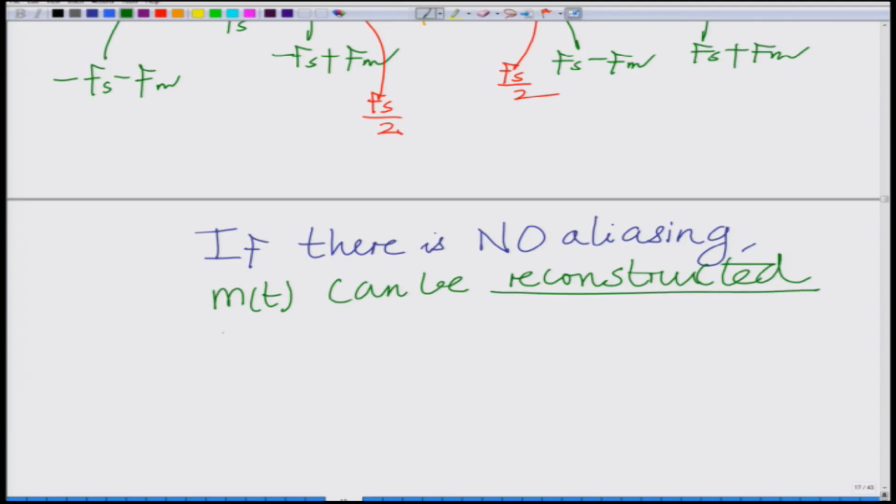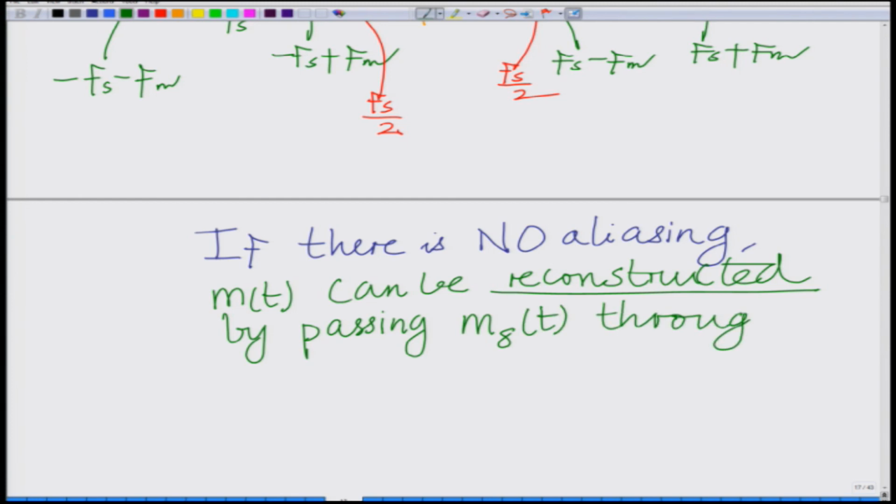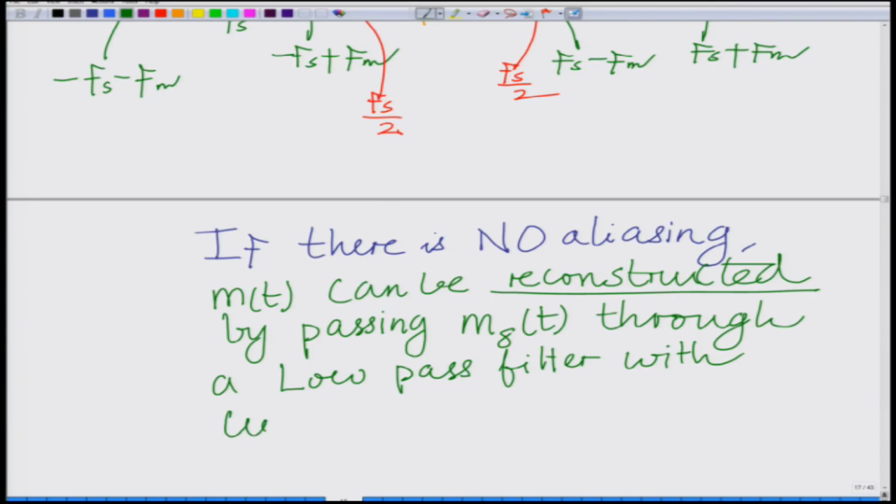That is, the original signal can be reconstructed by passing m_delta(t) through a low pass filter with cutoff frequency equal to Fs by 2.